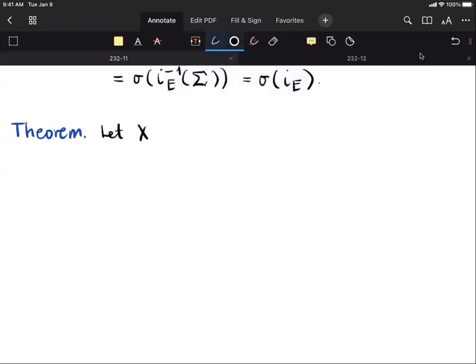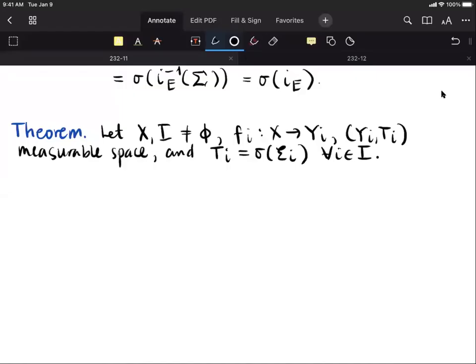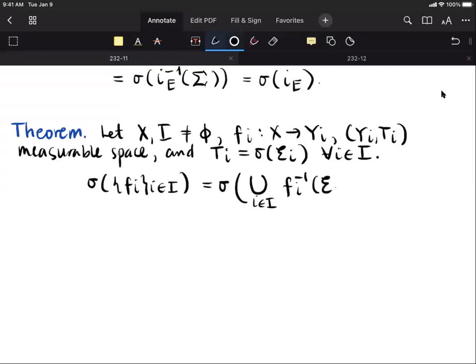Let us consider non-empty sets X and I, a function f sub I from X to Y sub I, where Y sub I, T sub I is a measurable space, and suppose that the sigma algebra T sub I is generated by some sub-collection E sub I, for all I in the index set capital I. Then the initial sigma algebra generated by this collection of functions is the same as the sigma algebra generated by the union of the inverse images of the generators.